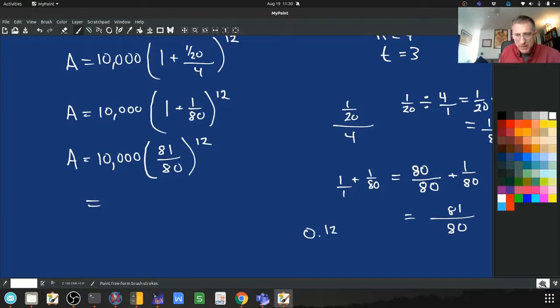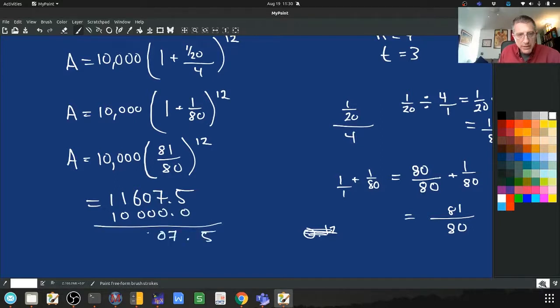When you calculate this out using a calculator, as it turns out, she has a total in her account of $11,607.05. So if her original was 10,000, then you can see how much she earned in interest.